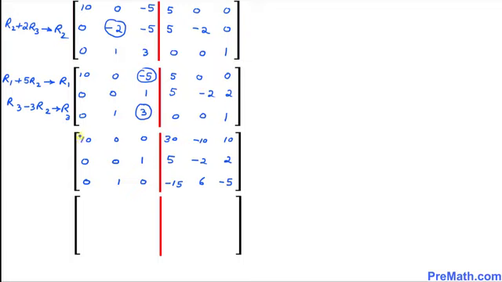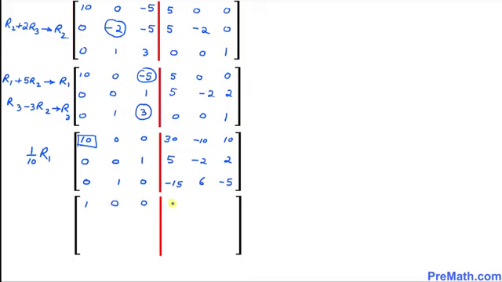And now in the first row, we have a 10. We are going to make it 1. So what we're going to do is multiply the first row by 1/10. If we do this, when we multiply by 1 over 10, that's going to become 1, 0, 0.